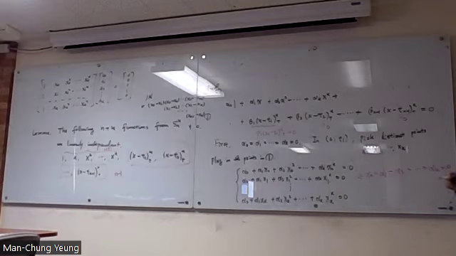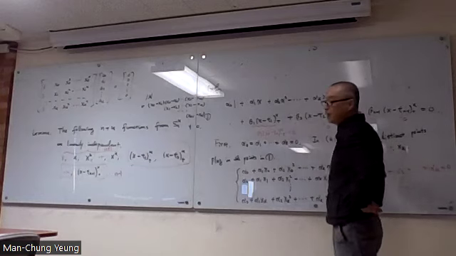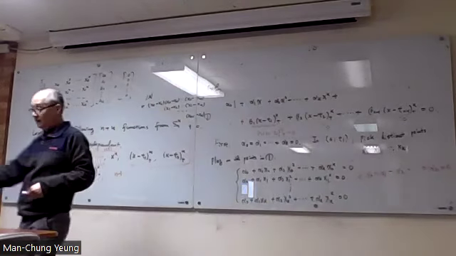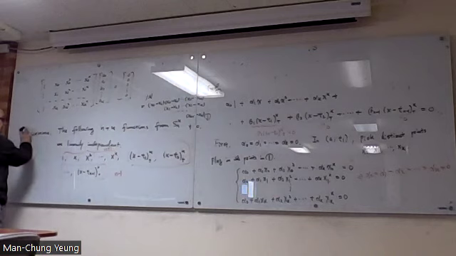Now next, I prove beta 1, beta 2, up to beta n minus 1, all are zeros.